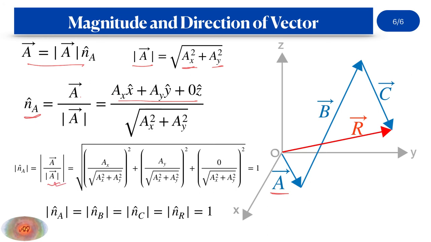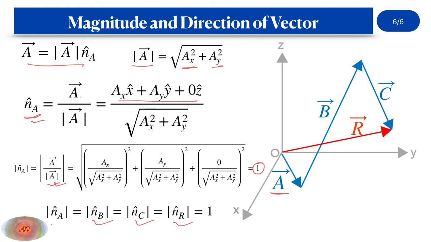I have already shown you this in my previous slide. So this is the magnitude of the unit vector, and now if you take root over of all of its components squared, where the component of the unit vector along the x direction is ax divided by root over ax square plus ay square, along the y direction the component of the unit vector of a is ay divided by root over ax square plus ay square, and along the z direction it is 0, then the root over of the sum of all its component squares will give you 1. Such a derivation or proof is also applicable for vector b, vector c, vector r, or any kind of vector.